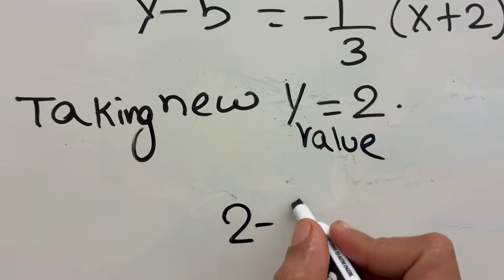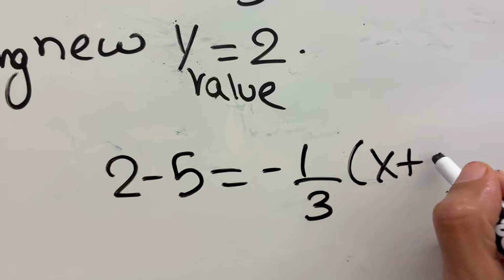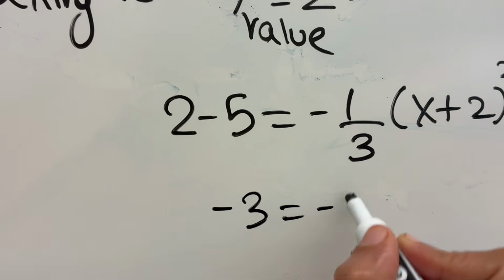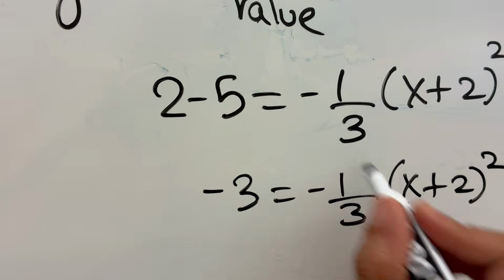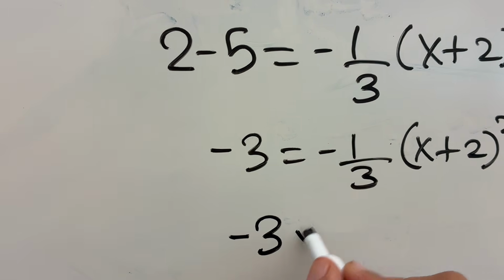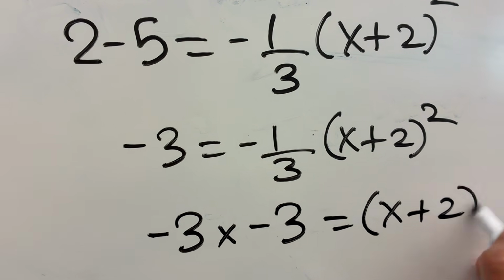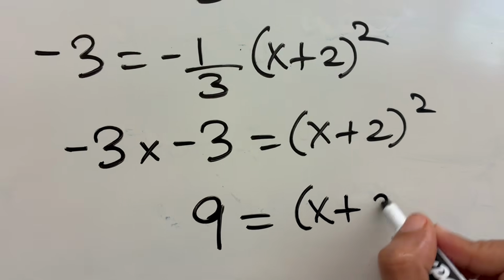So 2 minus 5 is equal to minus 1 by 3 times (x plus 2) whole square, which is minus 3 is equal to minus 1 by 3 into (x plus 2) whole square. When minus 1 by 3 goes to the opposite side, it becomes minus 3 times minus 3 is equal to (x plus 2) whole square, which becomes 9 is equal to (x plus 2) whole square.